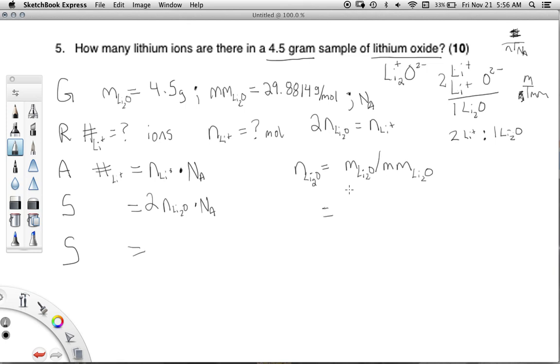So now let's actually go ahead and solve 4.5. We get to use our calculator. Look how much work we do before never touching the calculator except for molar mass. 4.5 divided by 29.8814 is going to be equal to, let me just check, 0.150595 moles.